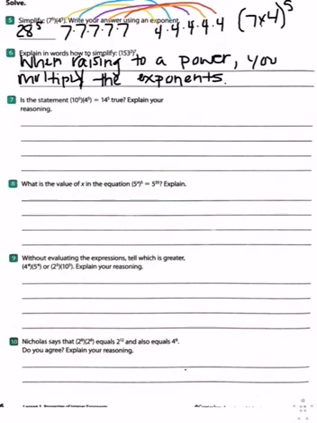Number 7. Is the statement 10 to the fifth times 4 to the fifth equal to 14 to the fifth true? Explain your reasoning. So, the first thing we should do is write out the problem. 10 5 times, and then 4 5 times.